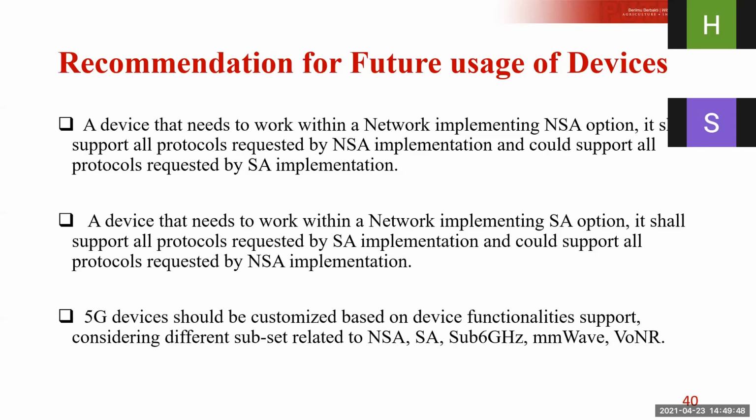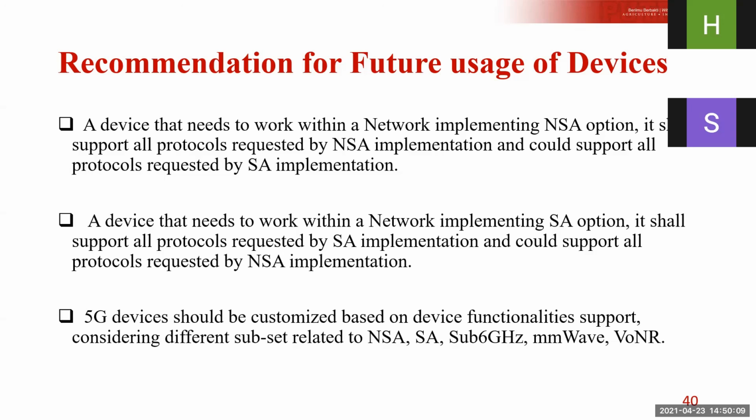What is our recommendation for the devices, the machines, the phones that we are using? Designers or companies supporting telecommunication, 5G or 3G, should design devices that support network implementation in standalone.